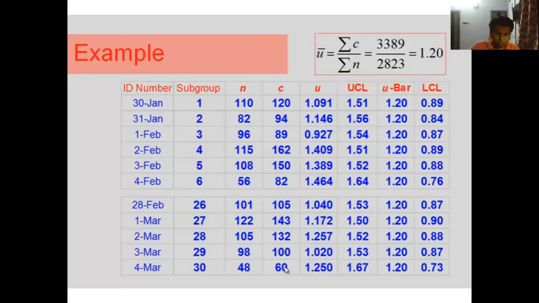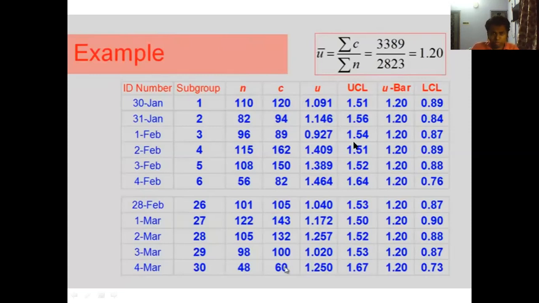So you divide 120 by 110, 89 by 96, and in this way you can find your U values, because these values you need to plot in your graph.